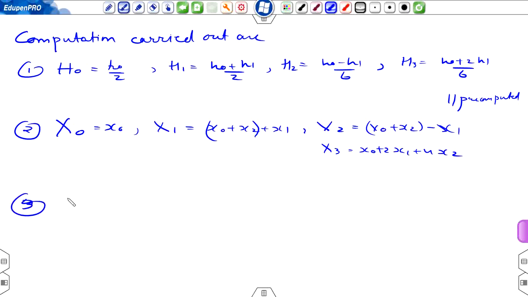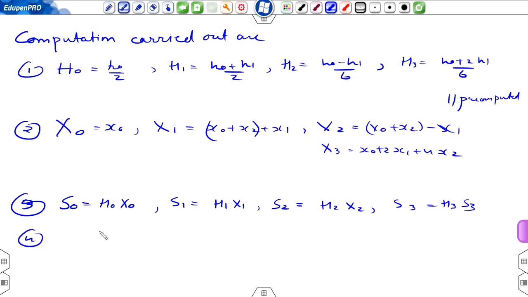Then S of beta i is equal to H of beta i into X of beta i will be performed. So S0 is capital H0 into capital X0, S1 will be capital H1 into X1, S2 will be capital H2 into X2, and S3 will be capital H3 into X3.